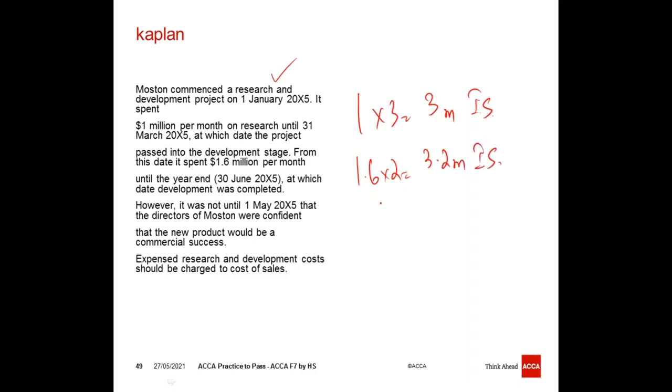And finally, when the directors become confident from the 1st May, you need to capitalize the amount. So May, June, 2 months amount, this will go on the face of the balance sheet. It is 1 month amount, sorry, for the month of April only.